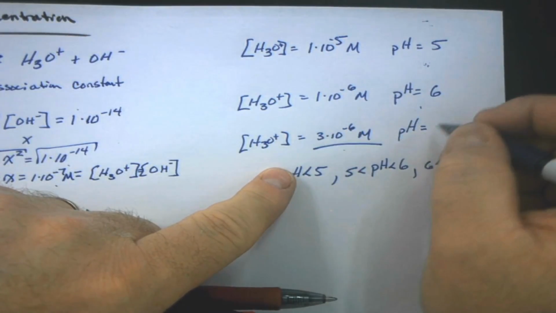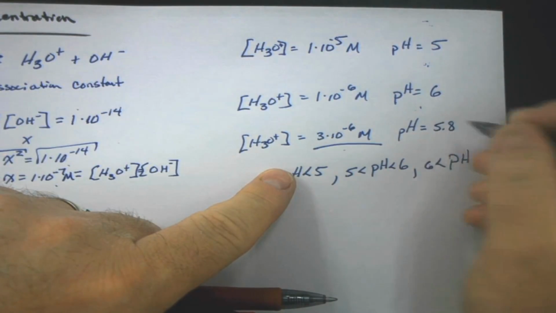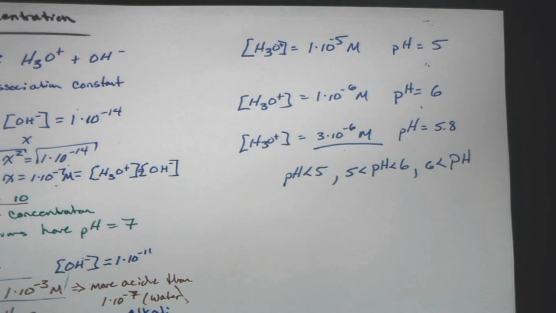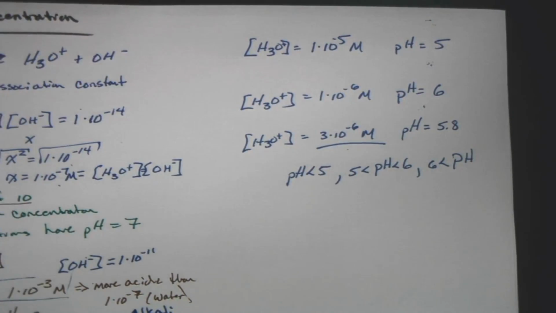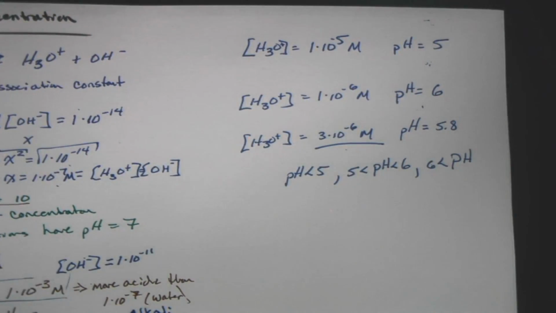So this would actually have a pH of something like 5.8, maybe. It'll be slightly less than 6. And here's how you figure it out. You go to your calculator.